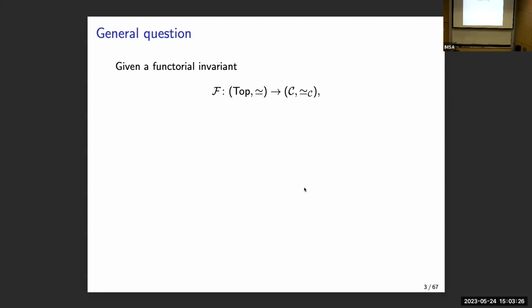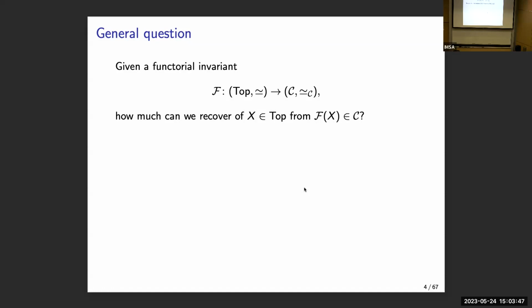Often in algebraic topology, one encounters a functorial invariant that preserves a specified notion of equivalence. And we ask, how much does this invariant know about a space considered up to that specified notion of weak equivalence?